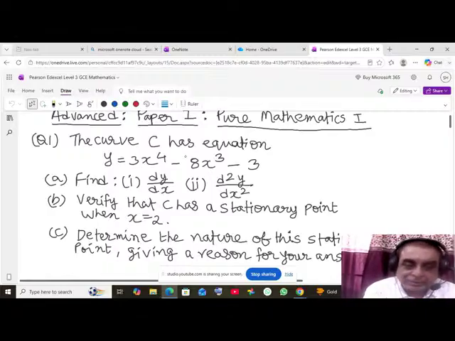The curve C has equation y equals 3x to the power of 4 minus 8x to the power of 3 minus 3. Part A: find dy upon dx, and the second part of A, d squared y upon dx squared.